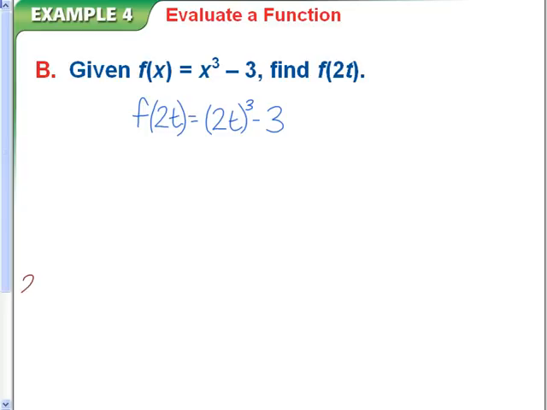That means 2t times 2t times 2t. So we can compute 2 times 2 times 2. We just did that in the last problem, which was 8. Then t times t times t is t cubed.